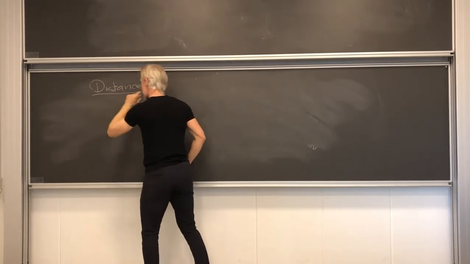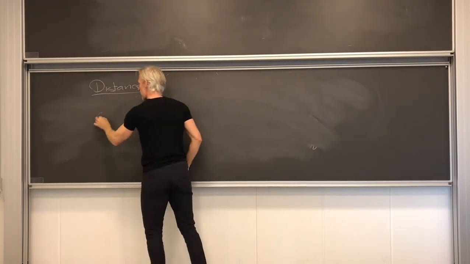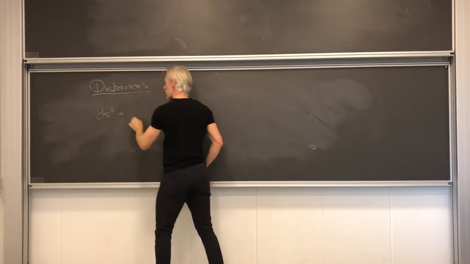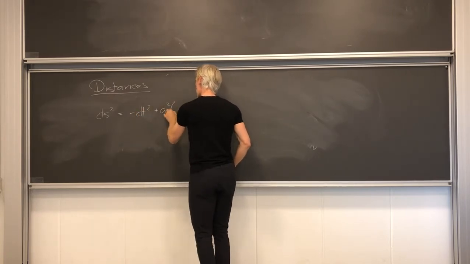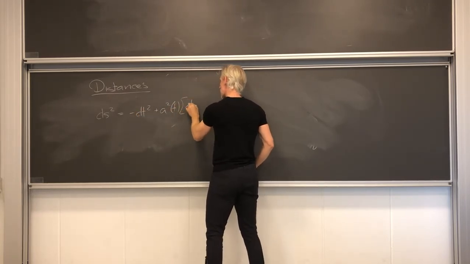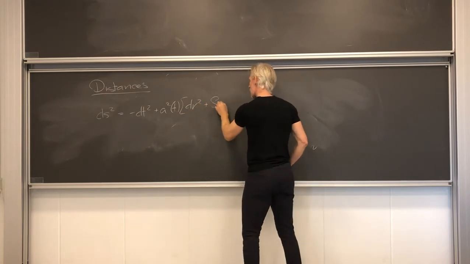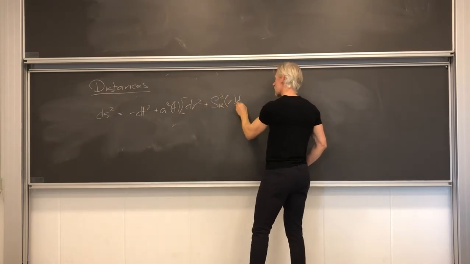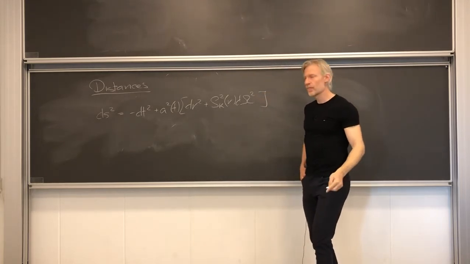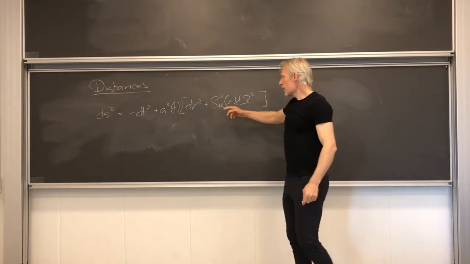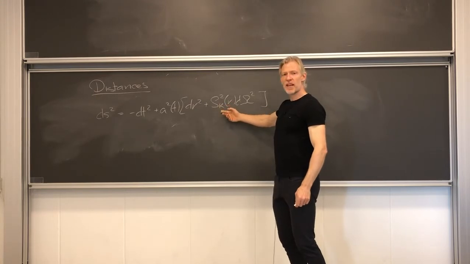So distances in cosmology. Let's go back and look at the Friedmann-Robertson-Walker metric, which looks like this, okay? So what happens, for example, to a photon?